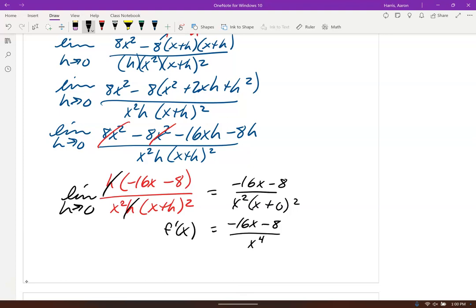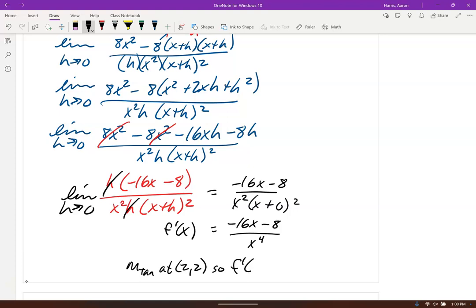Now remember, we wanted this at, hold on, just checking my work here. Yeah, I wanted this at (2, 2), right? So 2 is my x value. I want the slope of the tangent at (2, 2). So my x is 2.